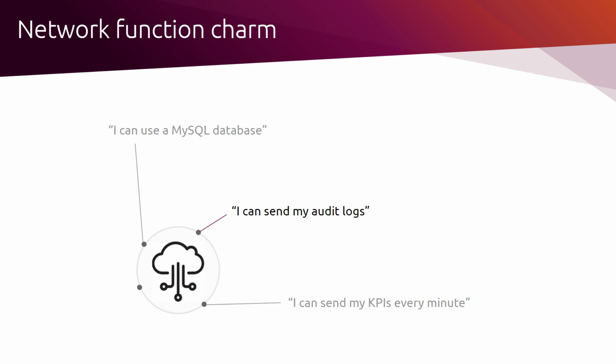You may imagine it as a piece of code that informs others in its surroundings what it can do. So a network function charm would say, hey, I'm using an SQL database, I can send my KPIs at this and this frequency, and I can send my audit logs. Okay, this is good information.